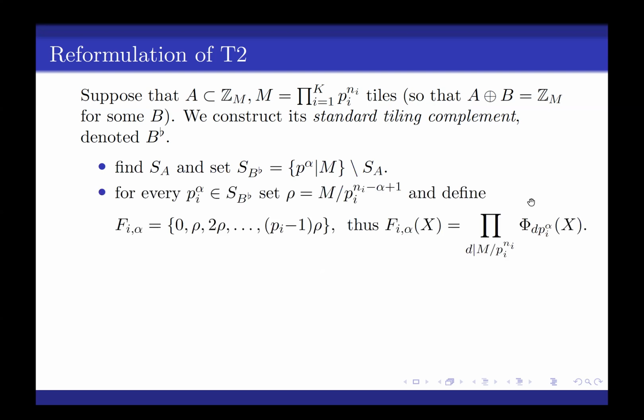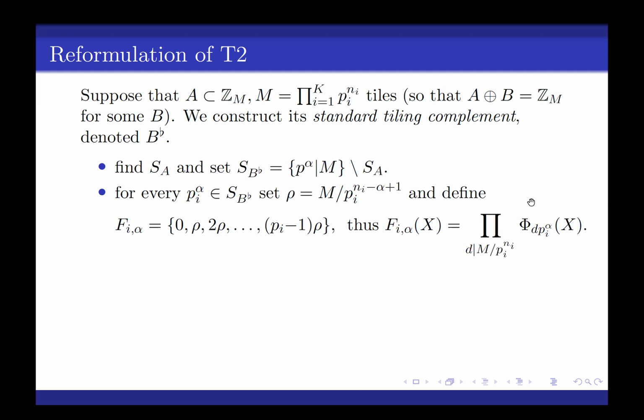Okay, so after that, I'm going to take just one prime power, say p_i to the alpha, from the set S_B standard. And I'm going to match it with a difference rho. Rho is going to be M over p_i to the n_i minus alpha plus 1.